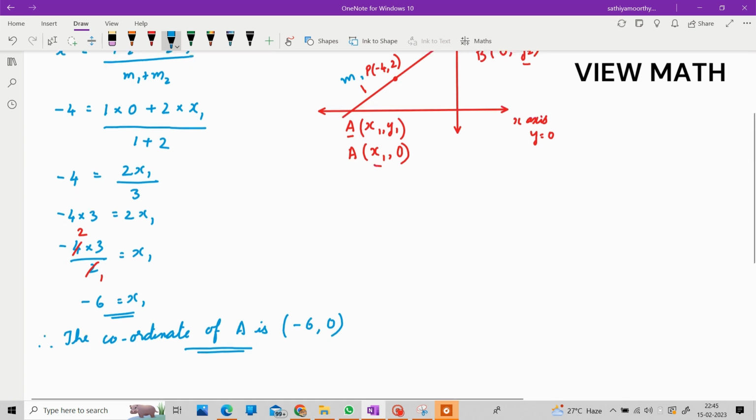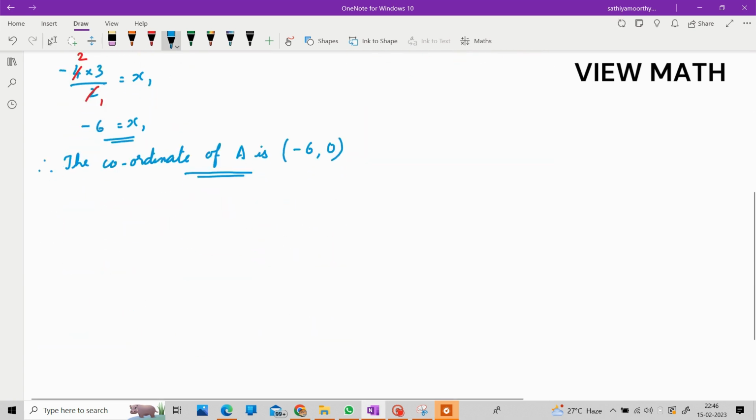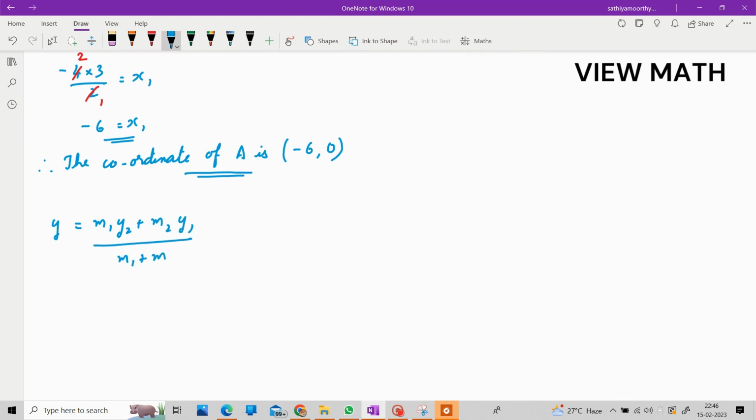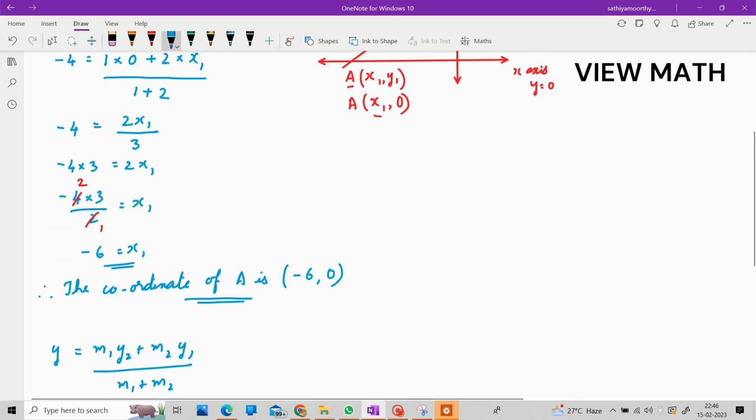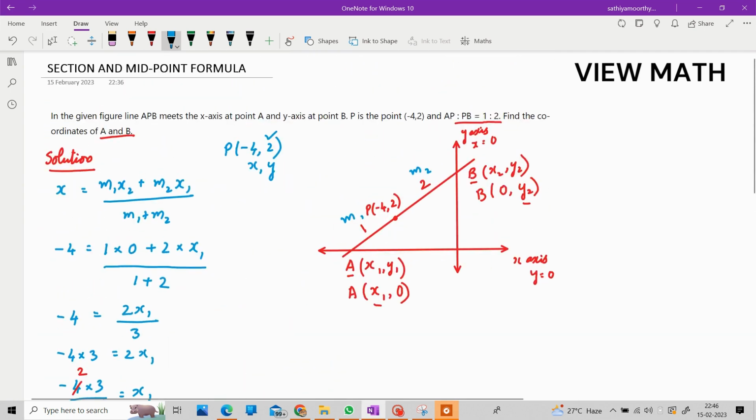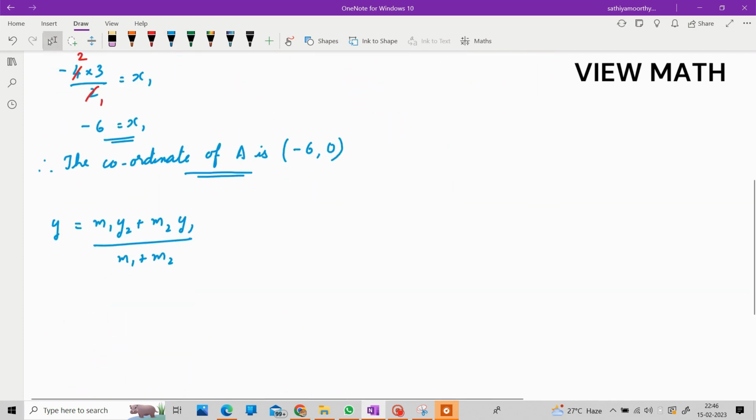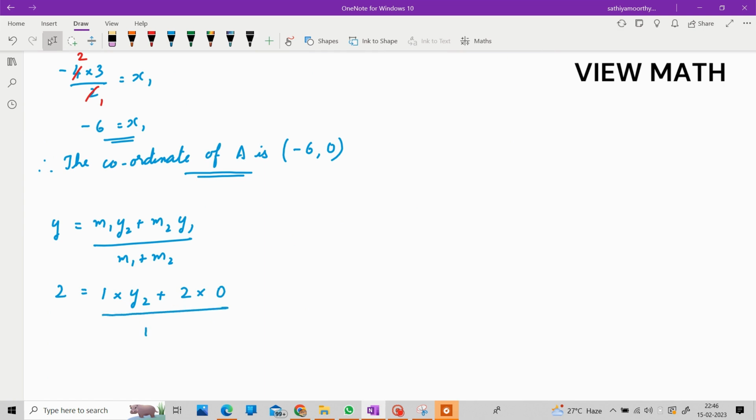Next I need to find out the coordinate of B. So let me take the y. Y is equal to (m1 y2 plus m2 y1) by (m1 plus m2). The y value is 2. So let me substitute 2. 2 is equal to m1 is 1 and y2 I need to find out, so let me keep it as it is, y2, plus m2 is 2 and y1 is 0, divided by 1 plus 2.